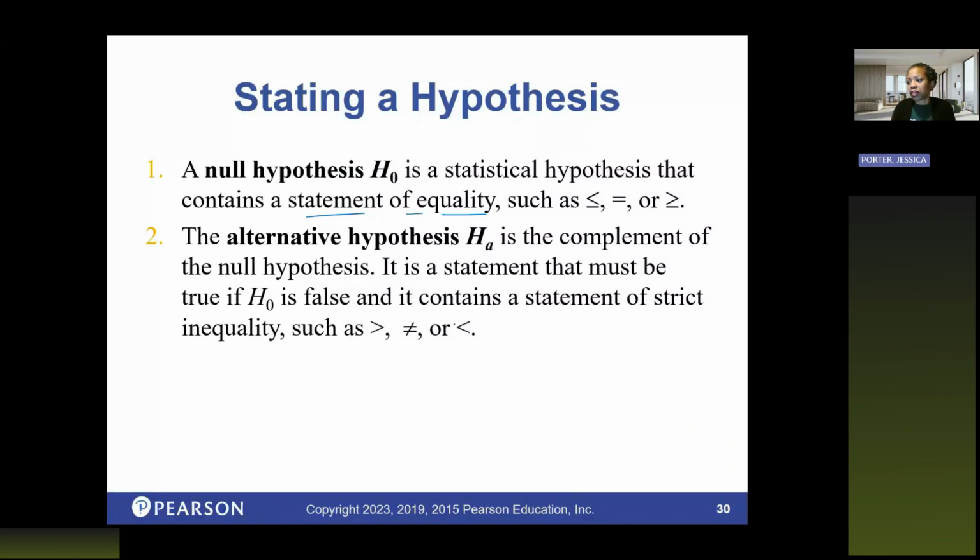And so it's a statement that must be true if the null hypothesis is false. It contains a statement of strict inequality. So notice there's no equal sign here. There's a not equals there. And there's no equal sign on the less than symbol. Okay.